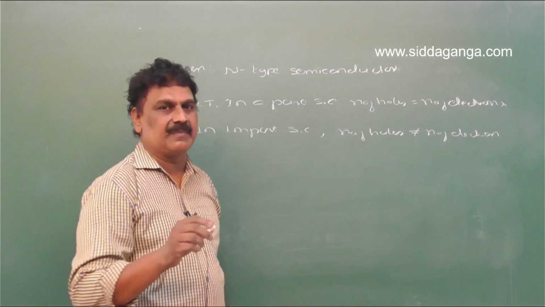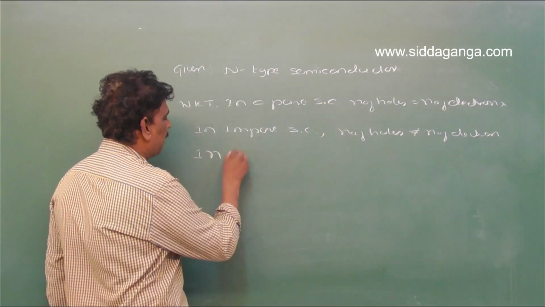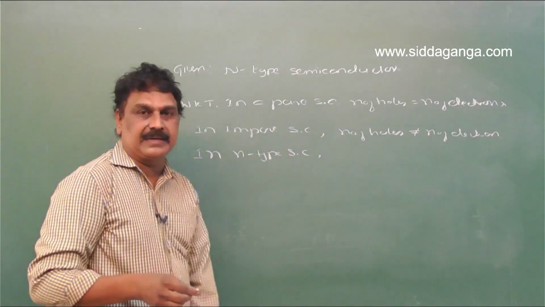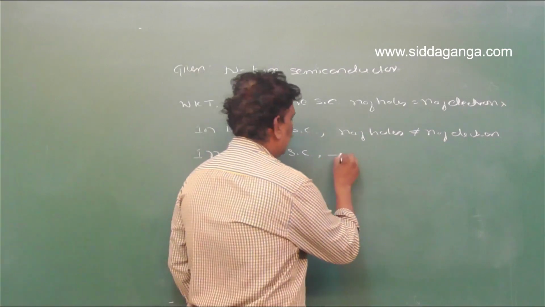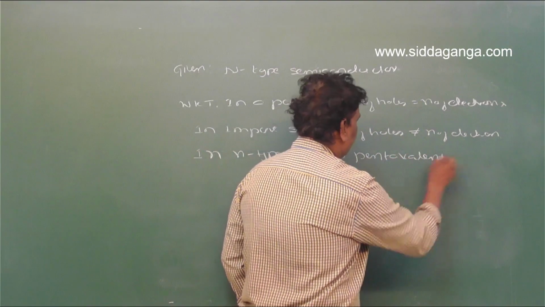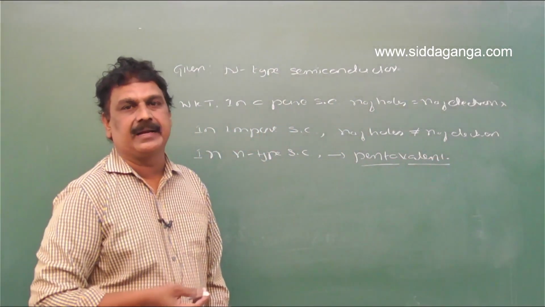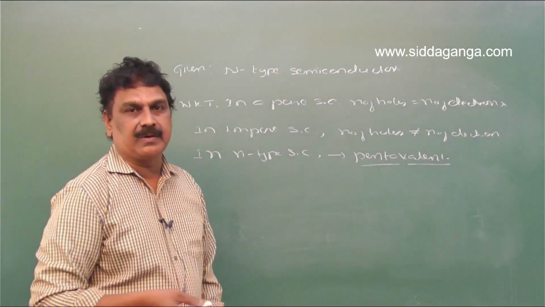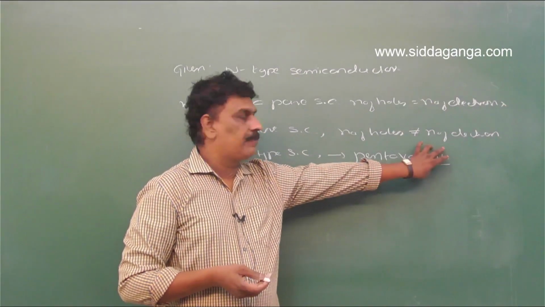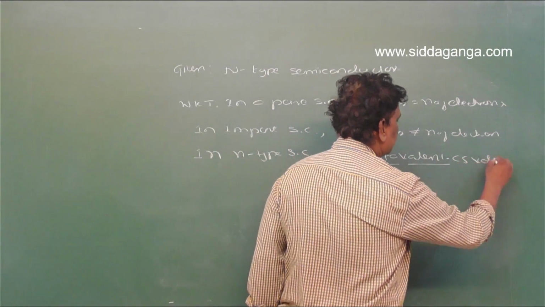So in an n-type semiconductor, it is doped with a pentavalent impurity, having 5 valence electrons.